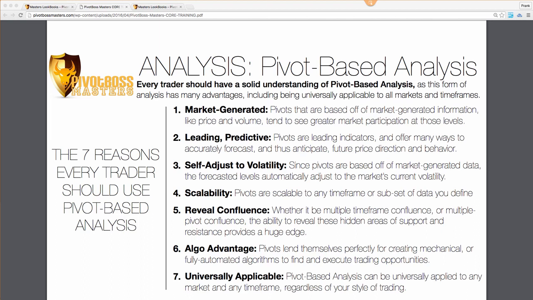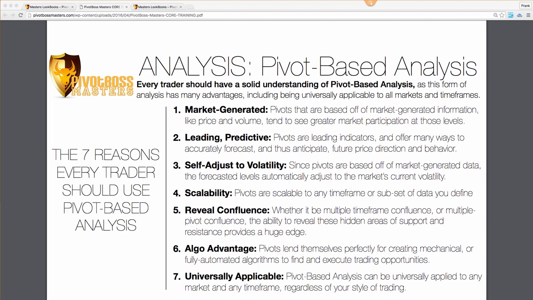And so this is a really detailed way of looking at how to approach any market using a tool that I call like a Swiss Army knife. Pivot-based analysis is like the Swiss Army knife of technical analysis. It can do so many things in so many different ways, and actually do them all very well.